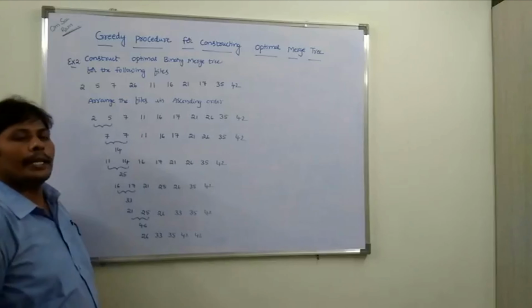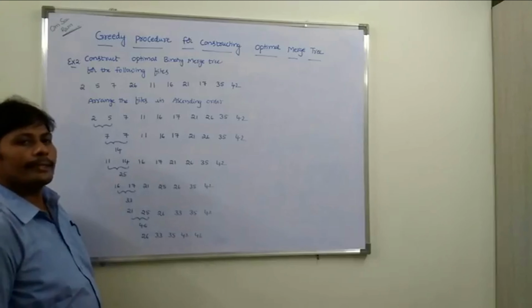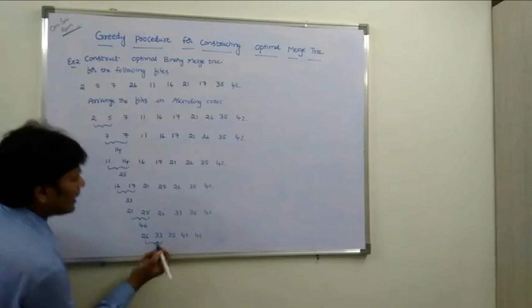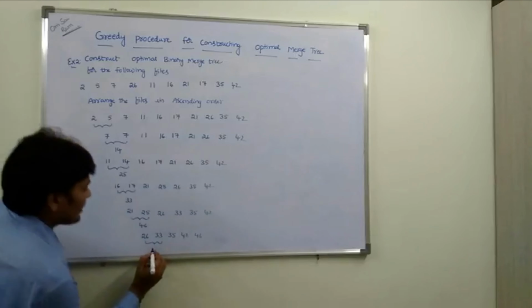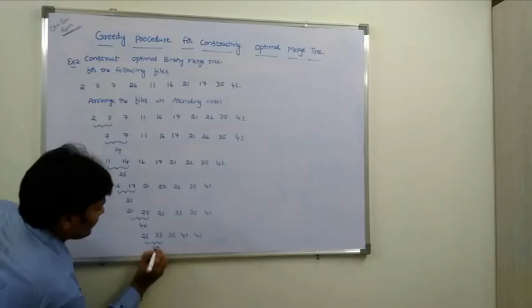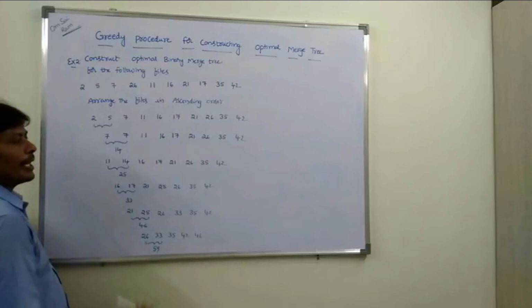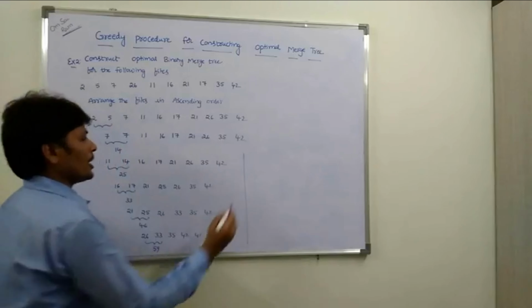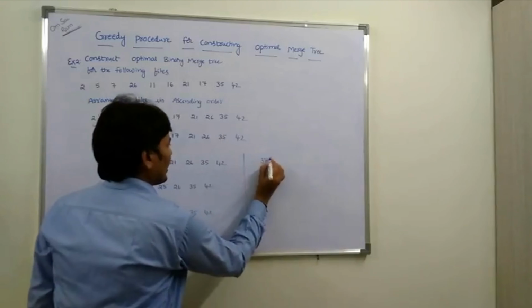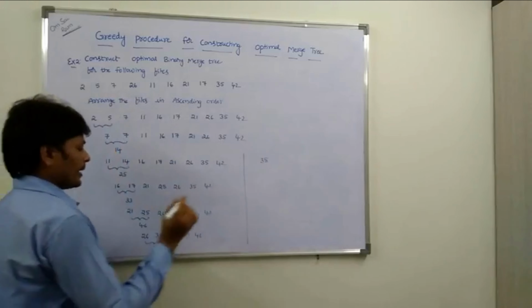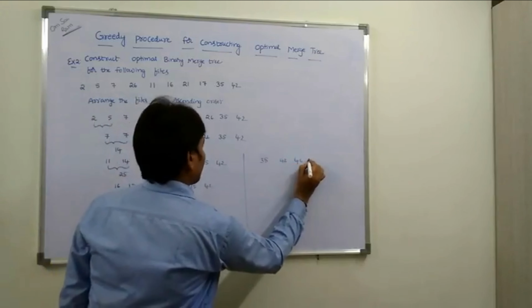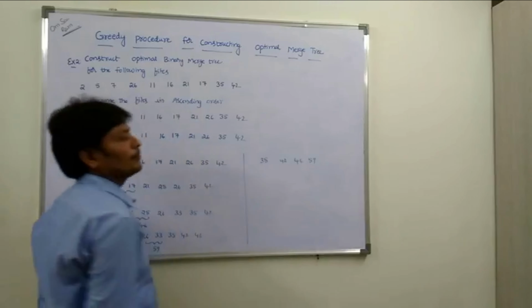Now we select the two smallest sized files and merge them: 26 and 33, so the result is 59. This value is inserted into the list at its correct position. Now the resultant list is 35, 42, 46 and 59.